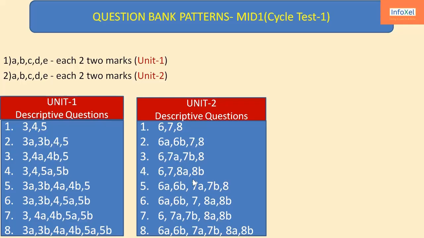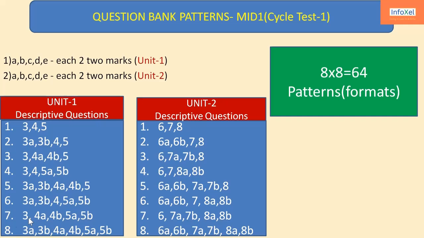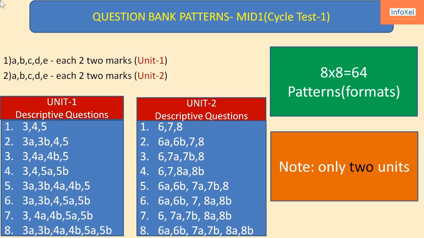Likewise, we have different possibilities for question number 6, 7, 8 for unit 2, and for unit 1, question number 3, 4, 5 have different possibilities, that means with subdivision or without subdivision. So total 8 into 8. This is 8 possibilities. This is 8 possibilities. So there are 8 into 8, 64 different formats. Note, only 2 units are covered, unit 1 and unit 2 for mid 1 or cycle test 1.